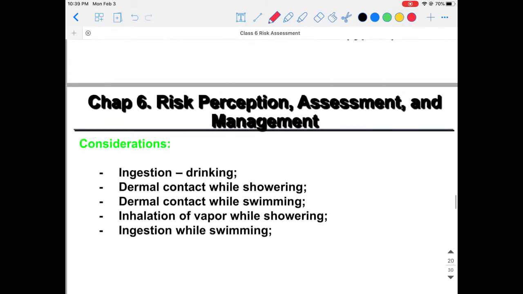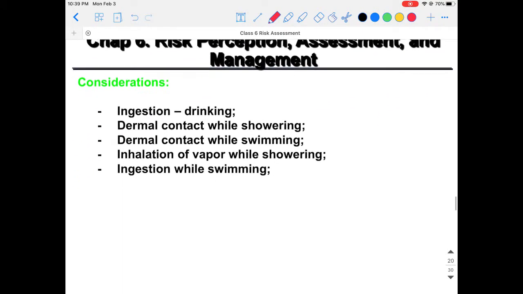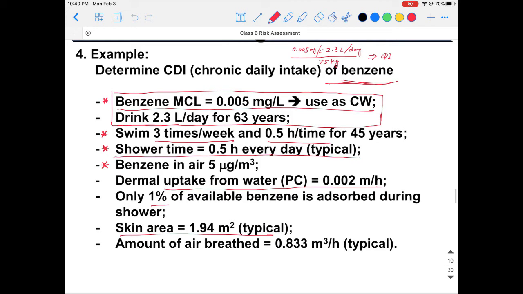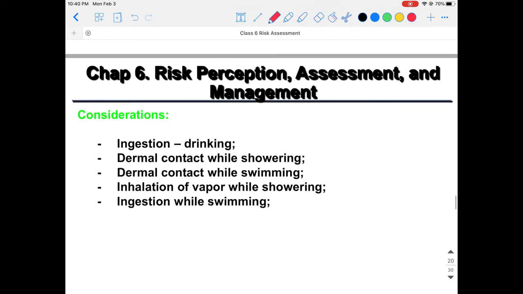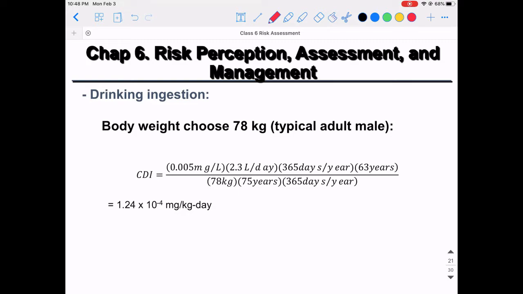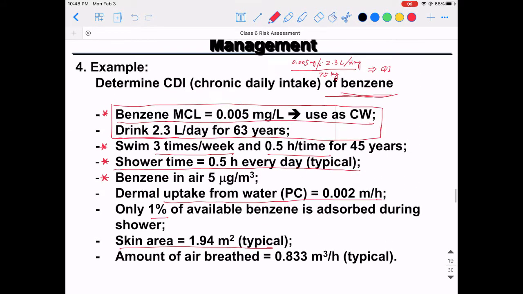So for the first one, you have ingestion by drinking, ingestion by contacting with the shower, and ingestion by swimming. Based on that, we can calculate the CDI from the different ingestion methods. First, from the drinking ingestion, we have the concentration of the benzene in water, we drink 2.3 liters per day, 365 days per year, for 63 years.